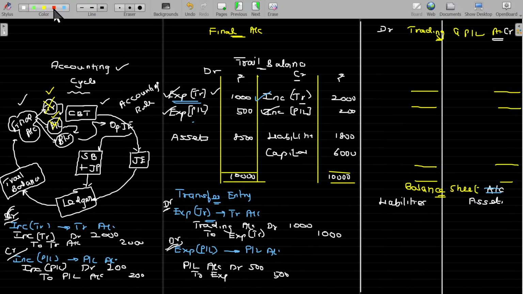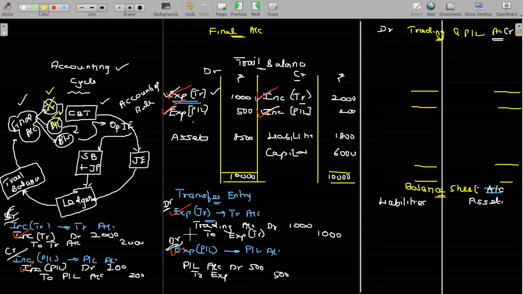Remember, by posting this, the expenses of trading got eliminated. Expenses of the P&L account got eliminated. Income of trading got eliminated. Income of the P&L account got eliminated. And what are the leftover accounts we have?